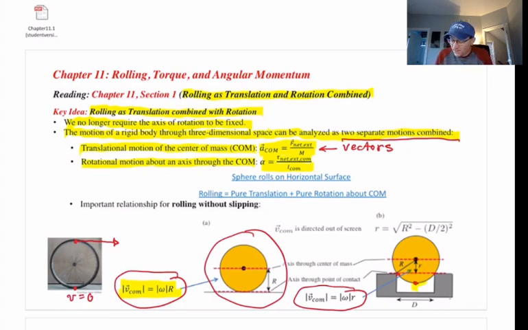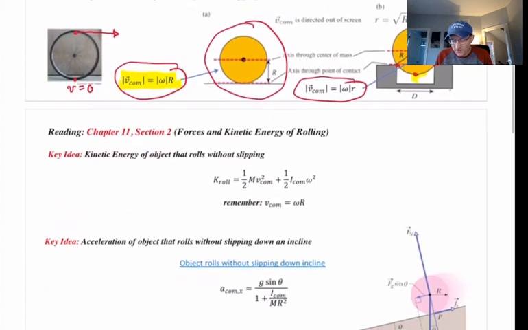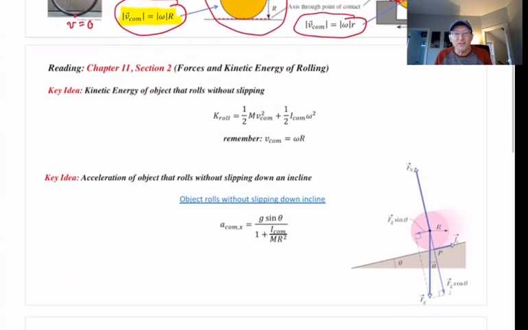Okay, now let's start applying those ideas. This is now Chapter 11, Section 2, in which your author talks about forces and kinetic energy of rolling. I'm going to start with kinetic energy. And I'm just going to state a result that we're going to use a lot for the rest of this chapter.